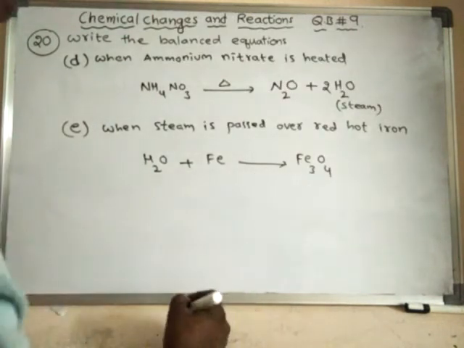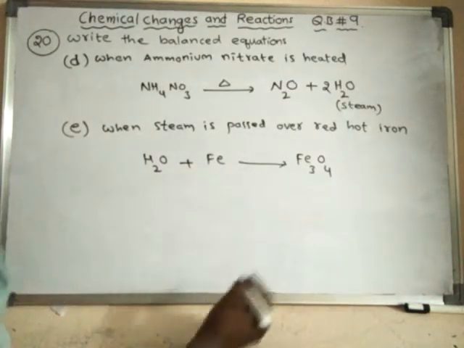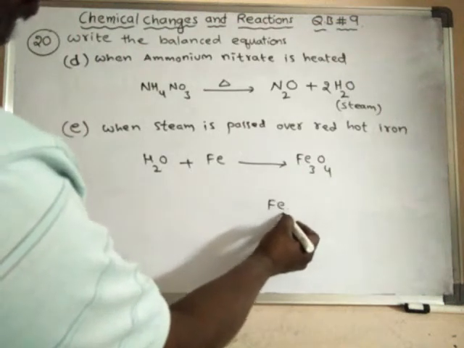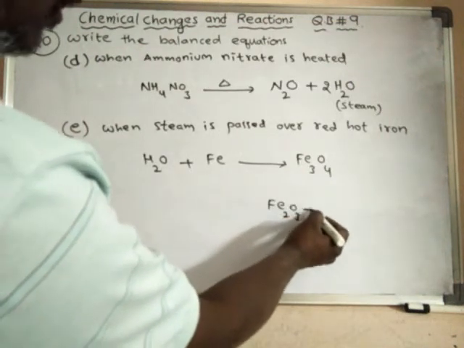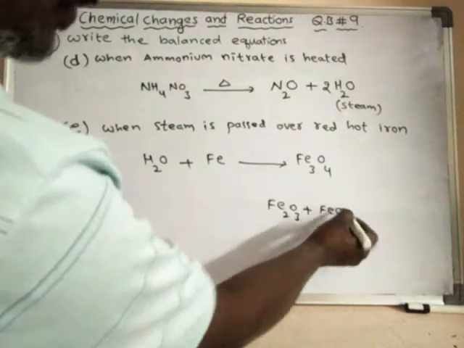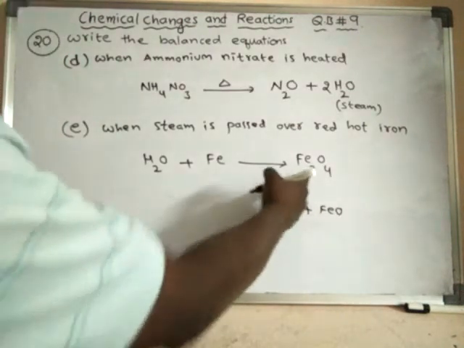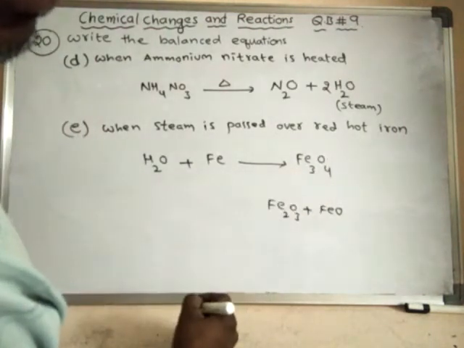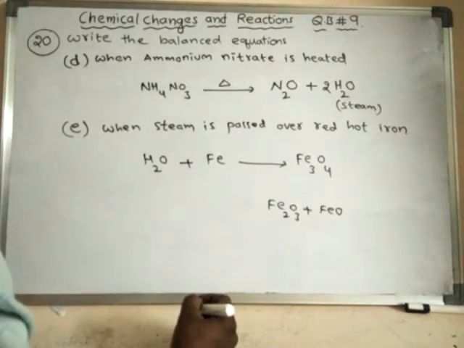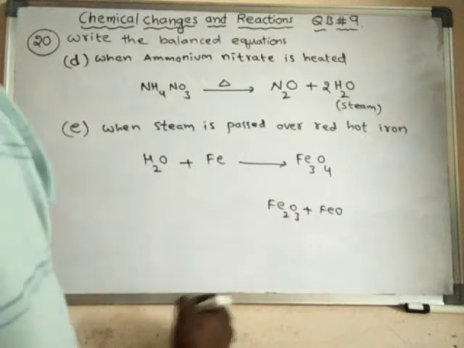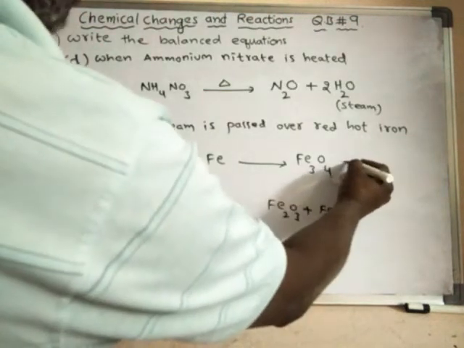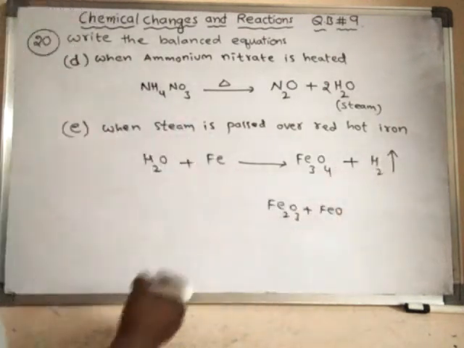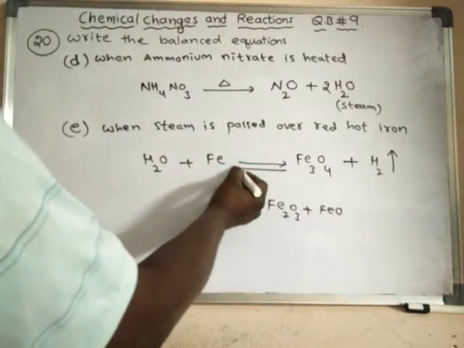This is called ferroferric oxide, actually a mixture of ferric oxide and ferrous oxide. So this is called magnetic oxide of iron or ferroferric oxide, and along with this, it liberates hydrogen gas.